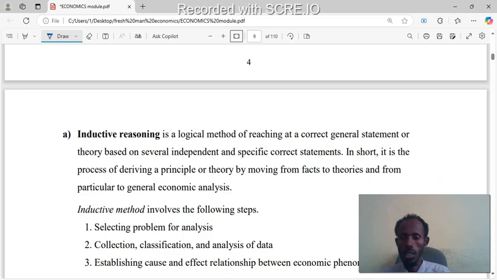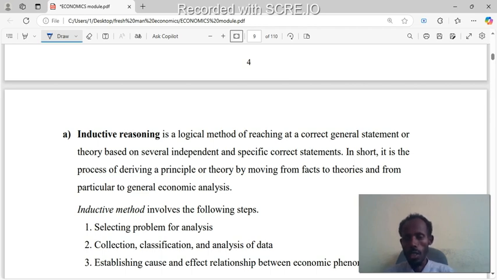Inductive reasoning is the logical method of reaching a correct general statement or theory based on several independent and specific correct statements. It is a process of deriving a principle or theory by moving from facts to theories, and from particular to general economic analysis.